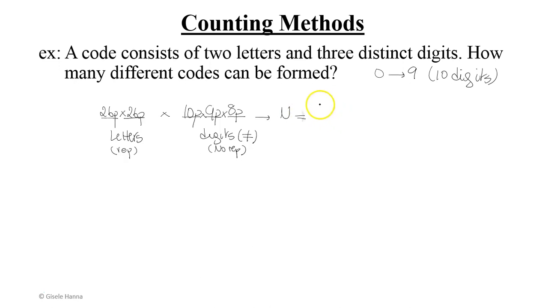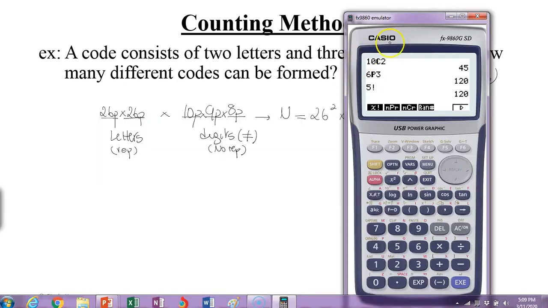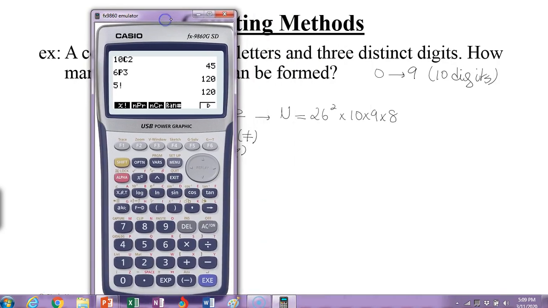So n would be 26 squared times 10 times 9 times 8, which is 486,720.